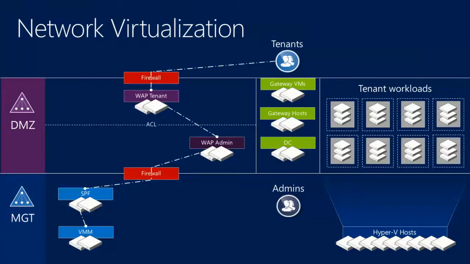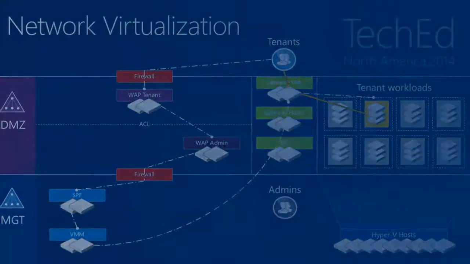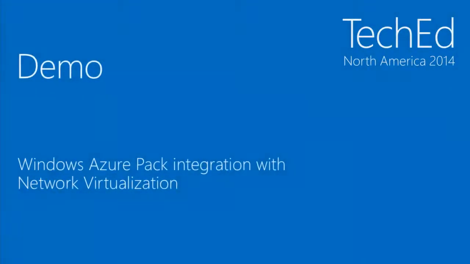So these are a lot of components talking to each other. Now the gateway is then updated with information on that particular tenant, which allows the tenant to have, for instance, a NAT rule going directly to a virtual machine. Now let's have a look at how that works.